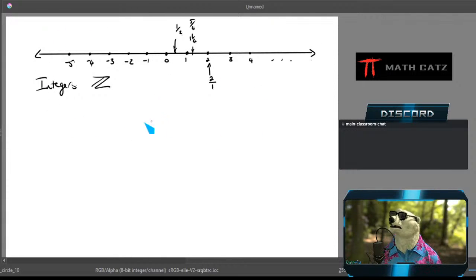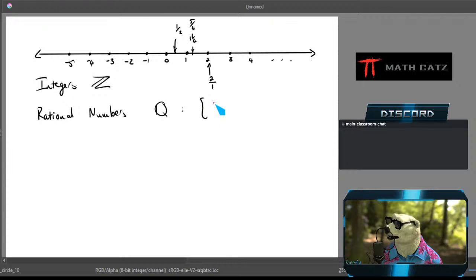This larger family they called the rational numbers, and they gave the symbol Q with a little line. That's anything that looks like A over B with A and B both integers.